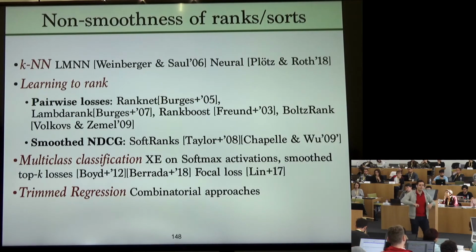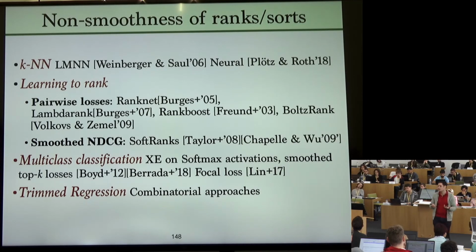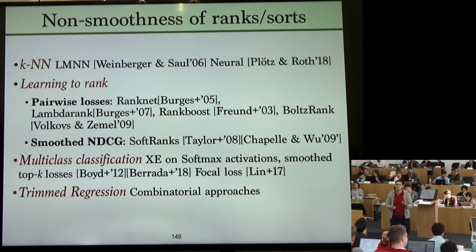Because ranking and sorting are so badly behaved, when people try to use them in a learning pipeline, they need to come up with a lot of tricks to get around the fact that they are not differentiable. In many fields in stats and machine learning, you see attempts at making this differentiable using a surrogate.